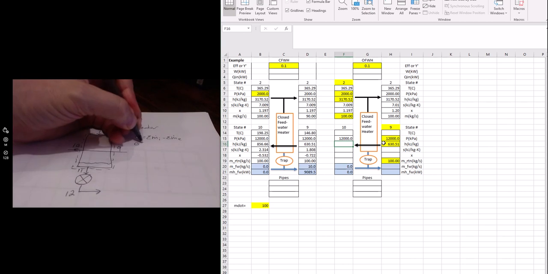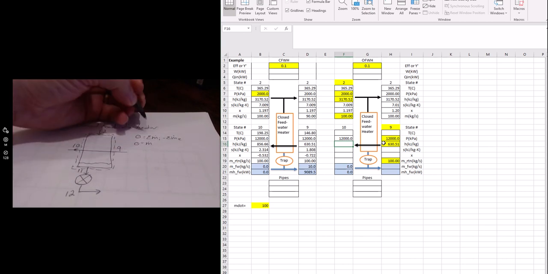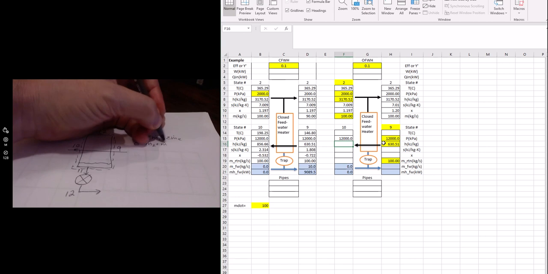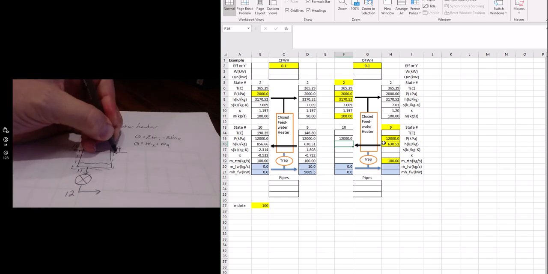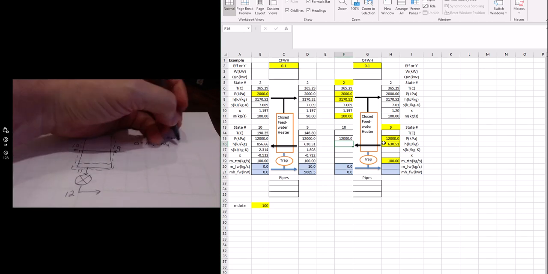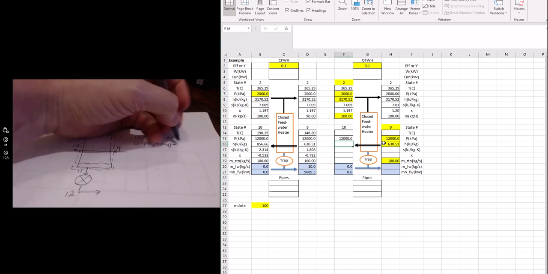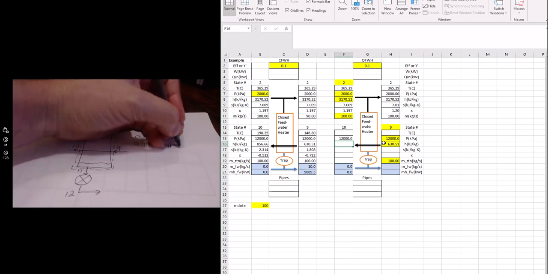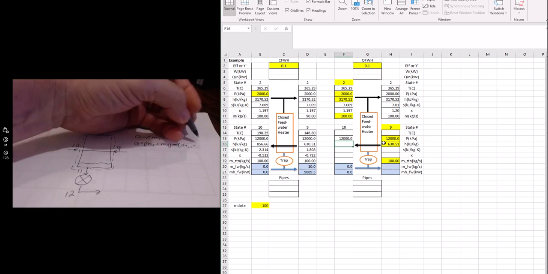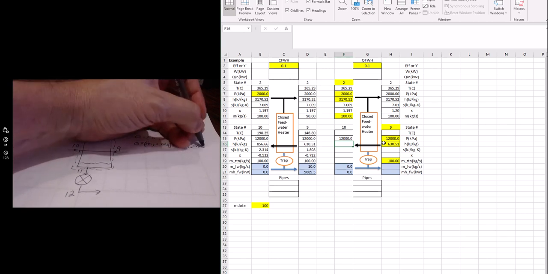And so 0 equals m dot 2 plus m dot 9. Those are both inlets. And then I have two exits. Minus, and I'll just put parentheses around these, the two exits, which is m dot 10 and m dot 11.